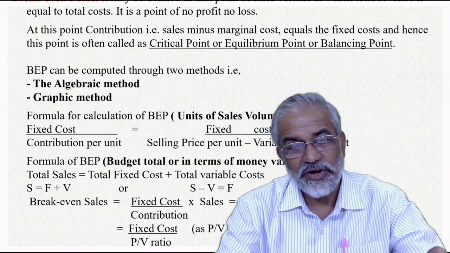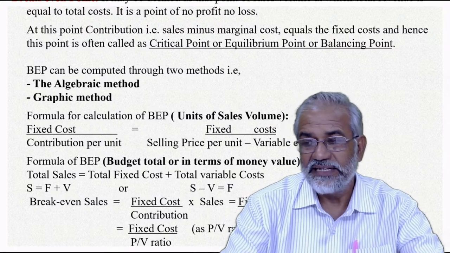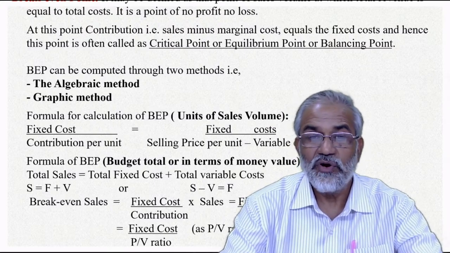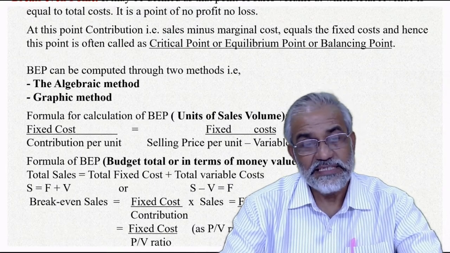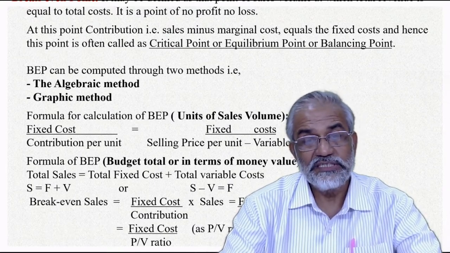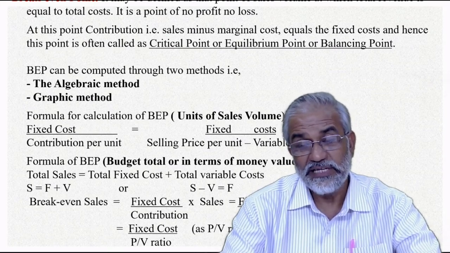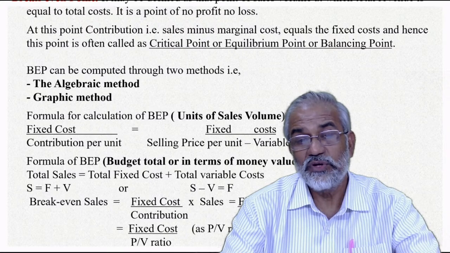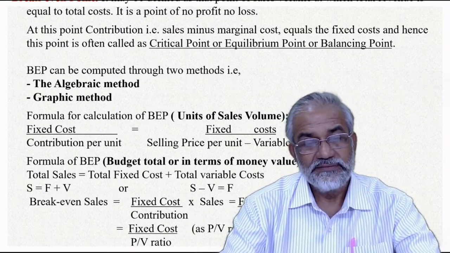Contribution is represented through an equation, that is sales minus variable costs. So fixed cost divided by contribution per unit, which is determined by the difference between selling price per unit and variable cost per unit, that would be the break-even point.